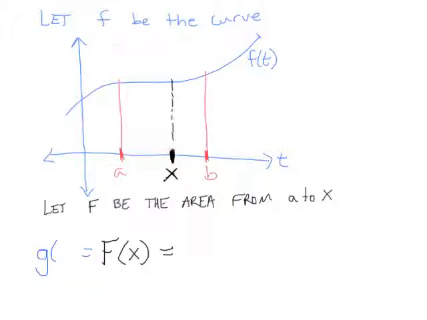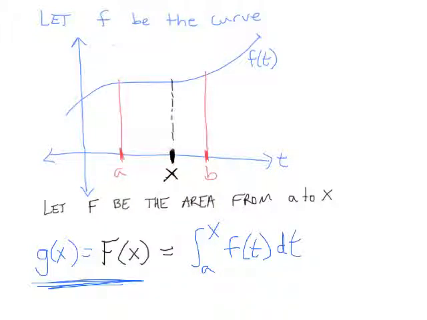I also sometimes use g of x, but either variable works. The capital F applies to our concept of antiderivative. We stated that this is equal to the integral from a to x of f of t, dt, which finds this shaded area right here.